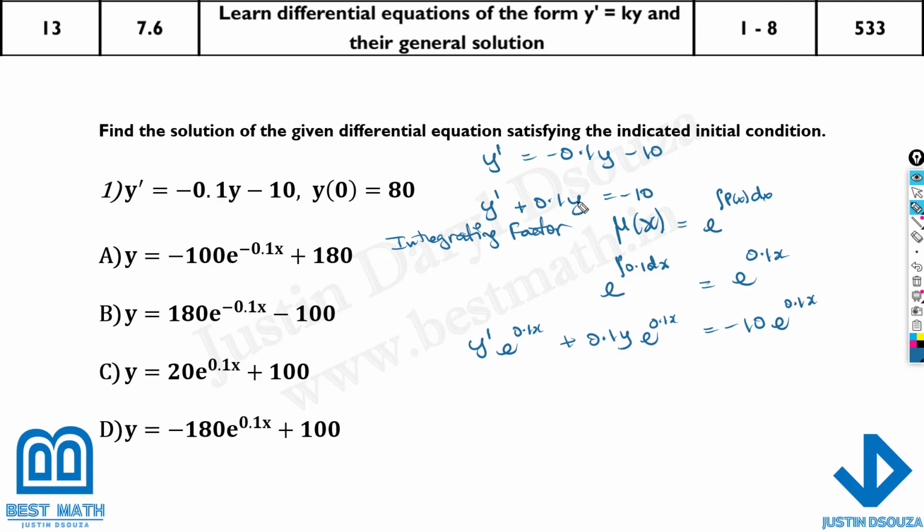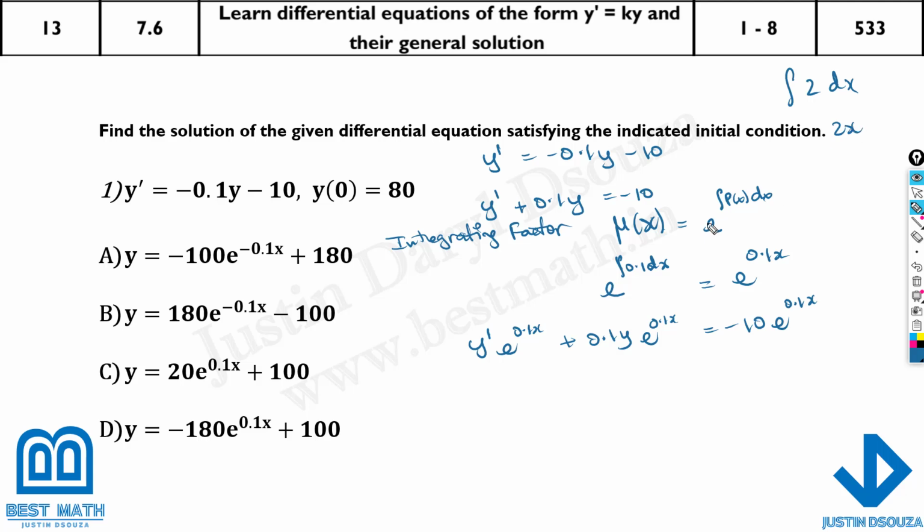If you have another problem like this, whatever is the slope here, that is integrated. Okay, over here that p of x is there, right? That's 0.1. Imagine over here it was 2, then it would be 2 dx. Then you solve it up, integrated, just multiply x, because integration of a constant. What is integration of, say, 2?